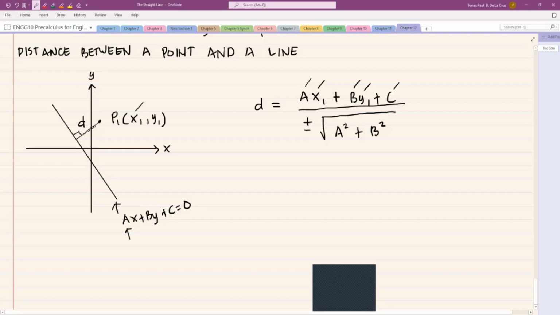Is it positive or negative? What does it mean when the distance is positive?